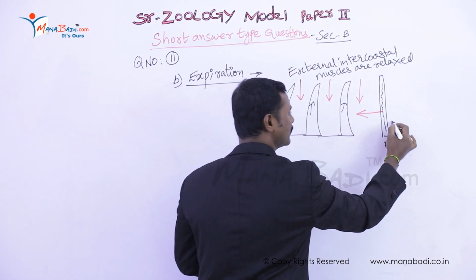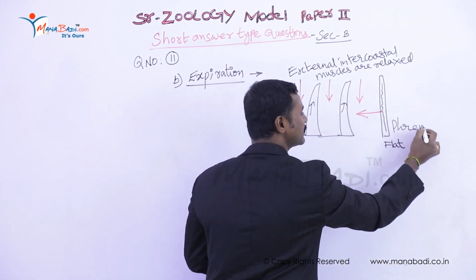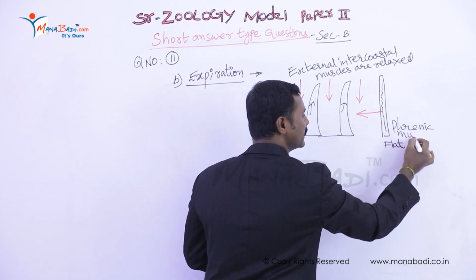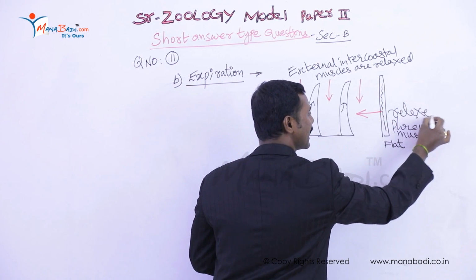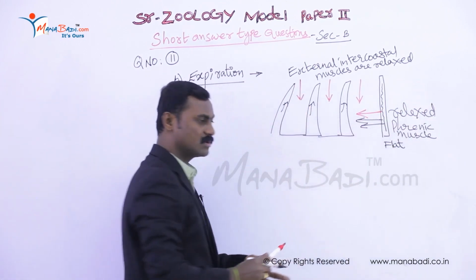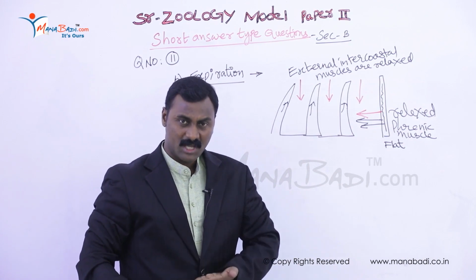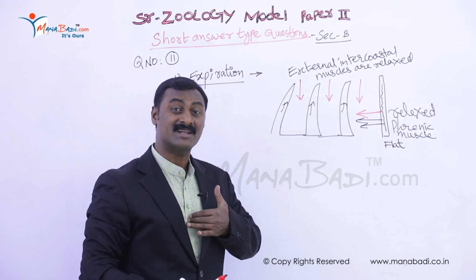At the same time, the phrenic muscles in the diaphragm also get relaxed. Because of that, the force comes from posterior to anterior and also from ventral to dorsal.